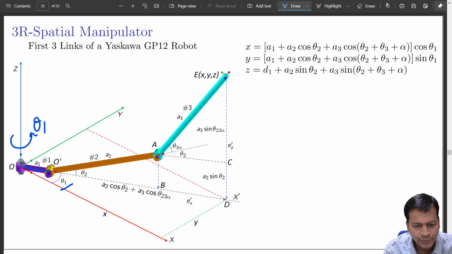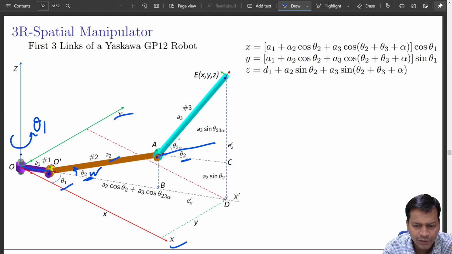Next is this theta 2, that is A2 creates from the plane. This is the angle which is measured from the plane xy, by an angle theta 2. I have simply extended this and written theta 2 over here.